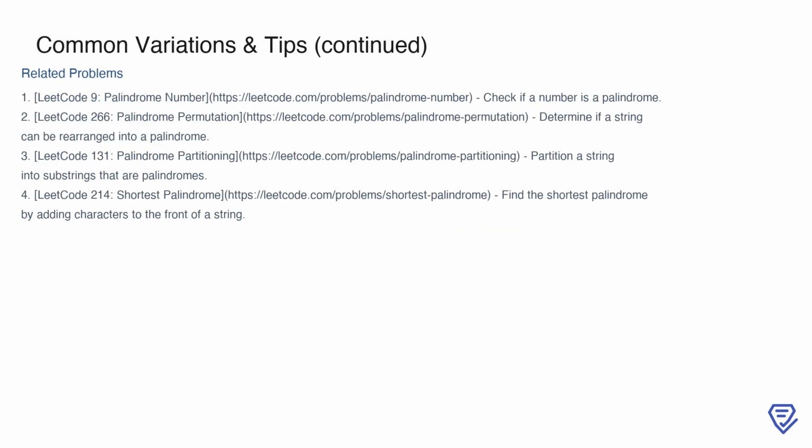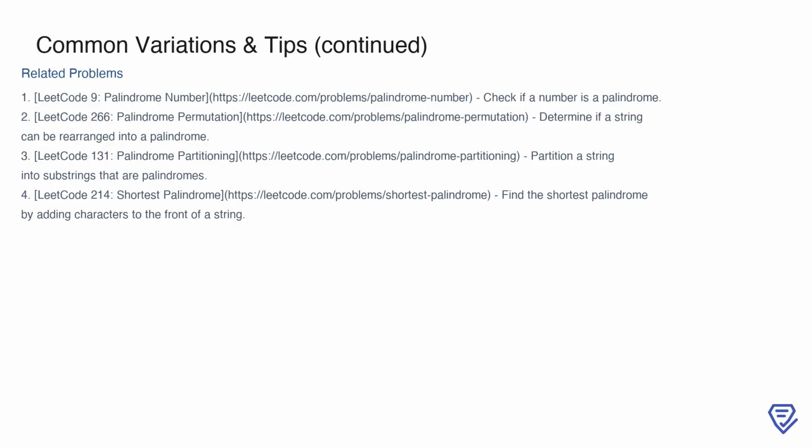Additionally, this problem is closely related to a few other LeetCode problems that you might find helpful for practice. For example, LeetCode 9, Palindrome Number, focuses on checking whether a number is a palindrome. LeetCode 266, Palindrome Permutation, is about determining if a string can be rearranged into a palindrome.